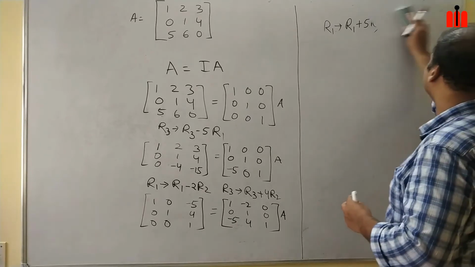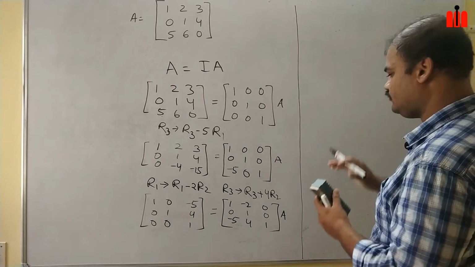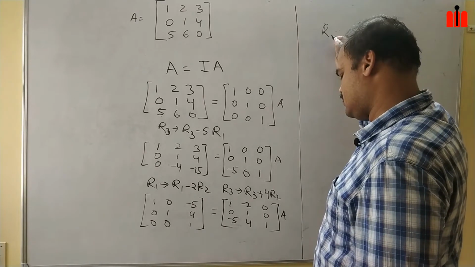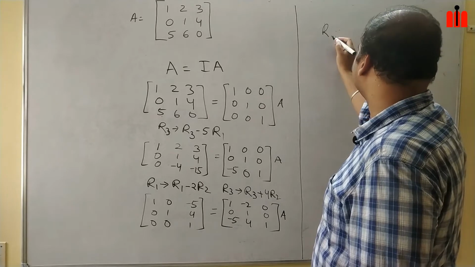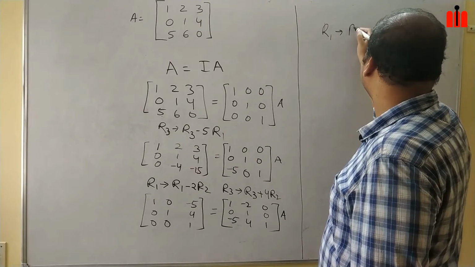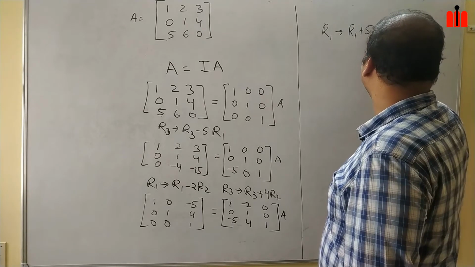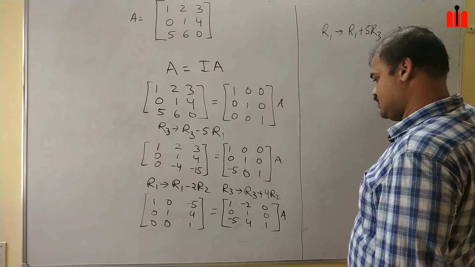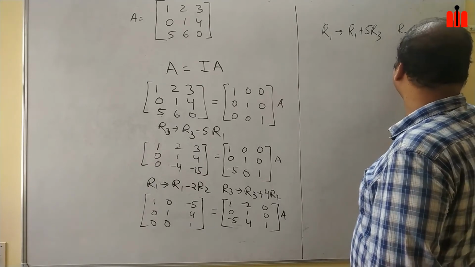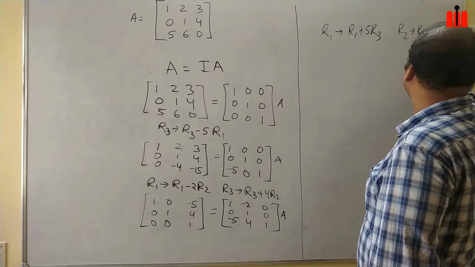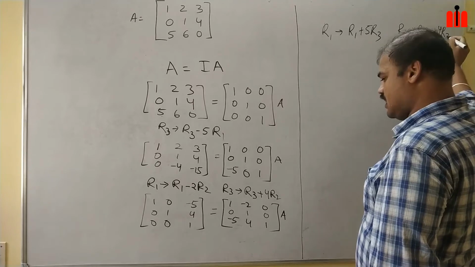Sorry, I will write it again. We are doing operations on R1. R1 tends to R1 plus 5 R3. And what will be my R2? R2 tends to R2 minus 4 R3.